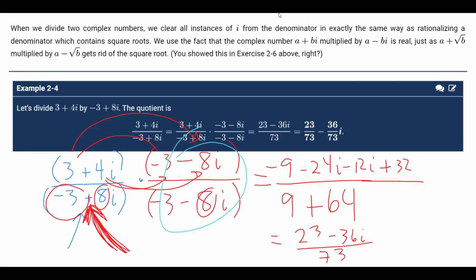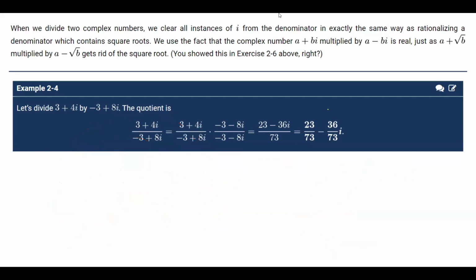You have to multiply by the conjugate that has the opposite sign. So that's why I made it a negative. Then why isn't the 3 negative? Only this middle sign has to change. If it's plus, it becomes minus. Everything else stays the same, okay? So the negative 3 stayed the same.